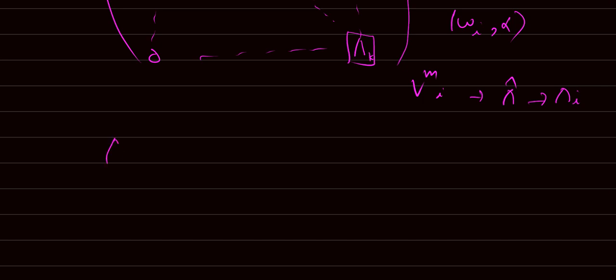So as lambda is Hermitian, lambda I's are also Hermitian. So it can obviously be diagonalized by changing the bases.